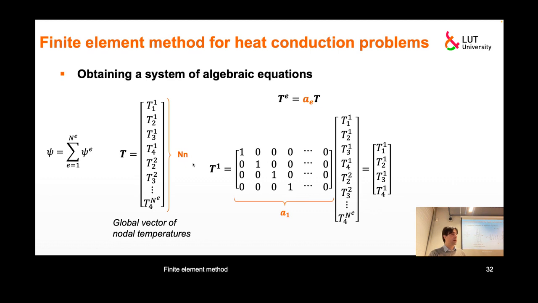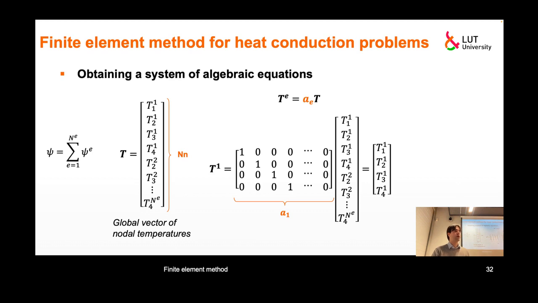For a different element, it will be a slightly different matrix. It will still be composed of values 1 and 0. Most of the elements will be 0. Some elements will be 1, and they describe where the nodal temperatures related to this particular element are located in this global temperature vector.